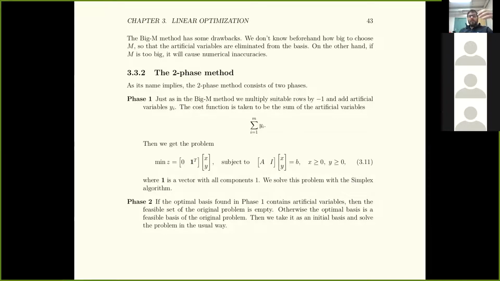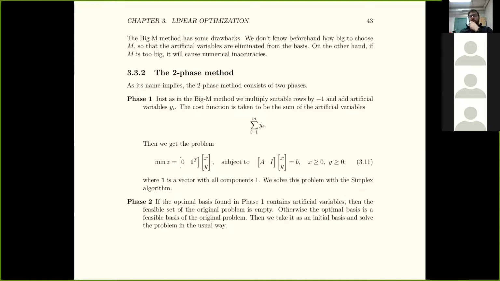And if we solve it in such a way that it has zero cost, then that point, while not the solution to the original problem per se, is a basic feasible solution of the original problem, because it's a basic solution to a problem where all the y variables are zero. However, if we cannot find such a solution, then the original problem hasn't got a feasible solution, and it's a moot point.